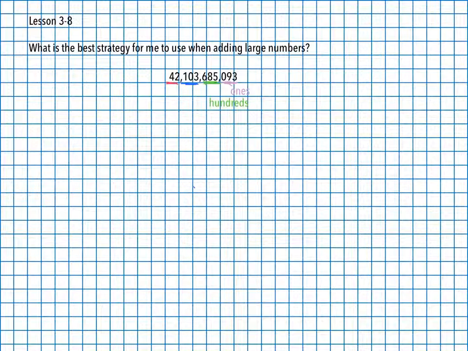And then hopefully you remembered that the red is the millions place value. So we have our ones, our hundreds, our thousands, and then our millions. What comes next? That would be billions.